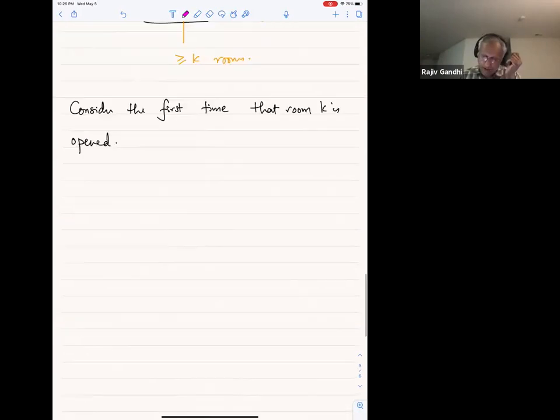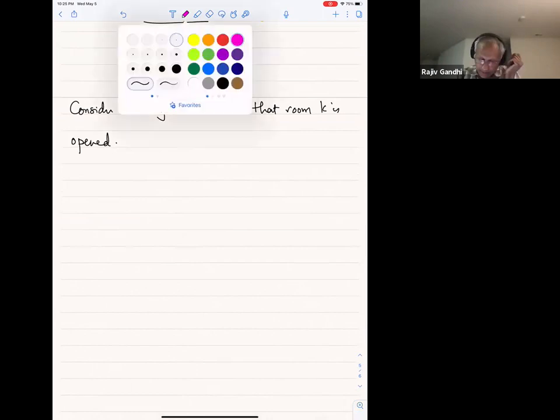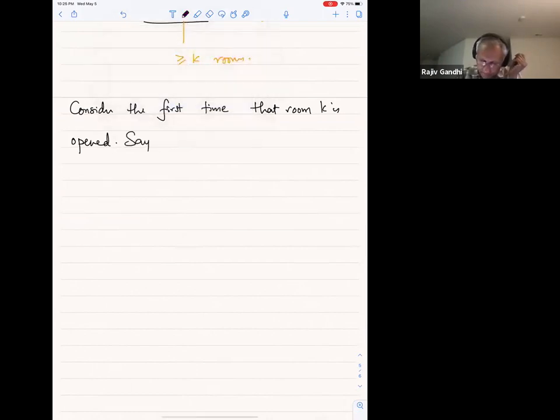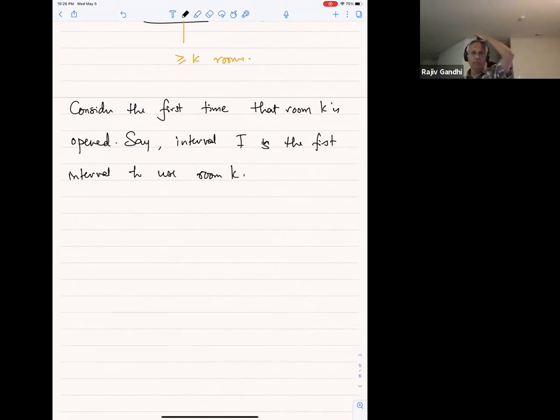So we are saying, consider the first time that room K is open. Say interval I is the first interval to use room K. This is interval I. Why was I not scheduled in room 1, Shresht?